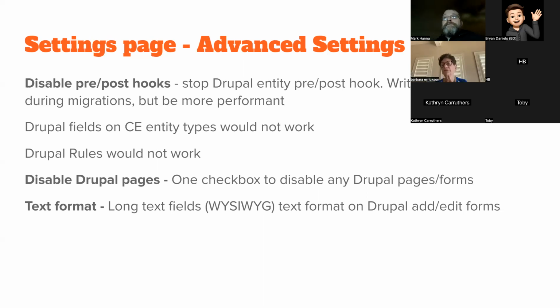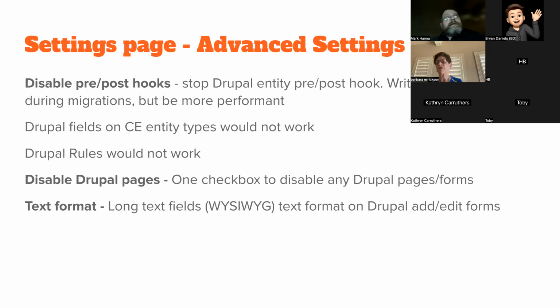There's also a global switch for disabling Drupal pages. So even if you enable the type, you could disable the Drupal versions of views and pages, kind of like a kill switch. Just stop having those pages, you get access denied. So for whatever reason. And then up at the top, there's a text format. Certain entity types in the edit forms, like maybe your event summary or event description, do accept WYSIWYG.